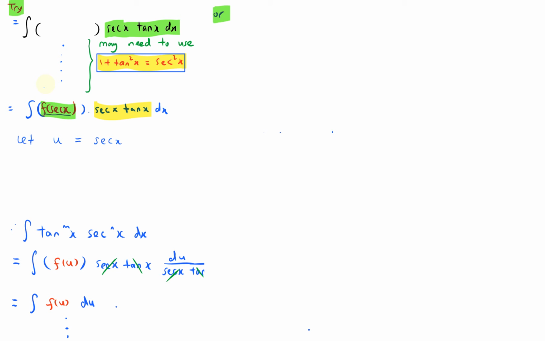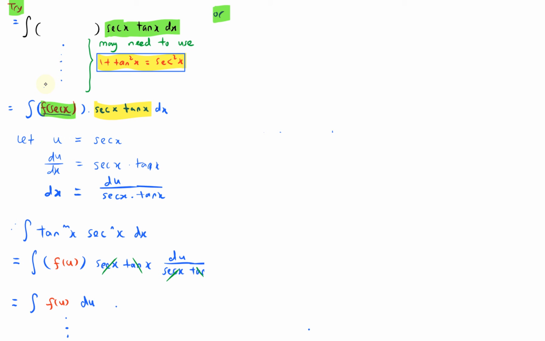Then du dx. Now secant x you differentiate will become secant x times tangent x. Then dx will be du over secant x times tangent x.